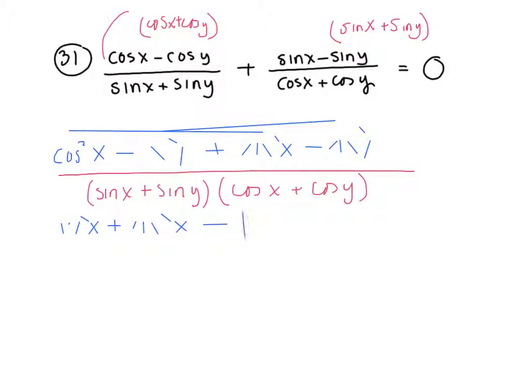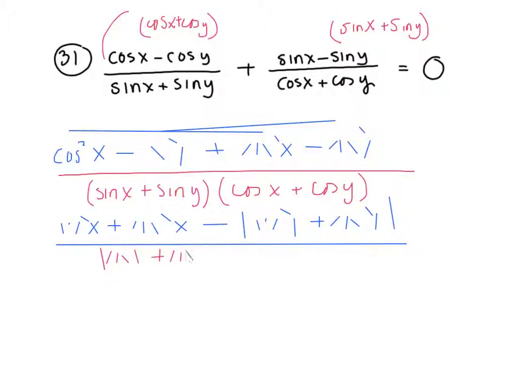So I'm going to factor out a negative, and I'm going to have cosine squared y plus sine squared y. And that's all over the same denominator. I'm going to write it just for clarity, cosine x plus cosine y. Got it.